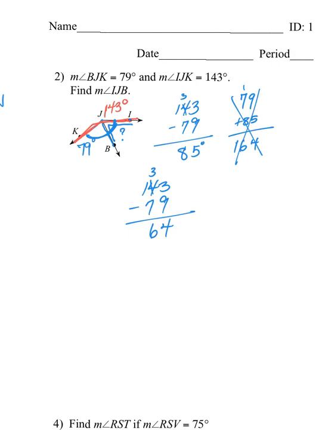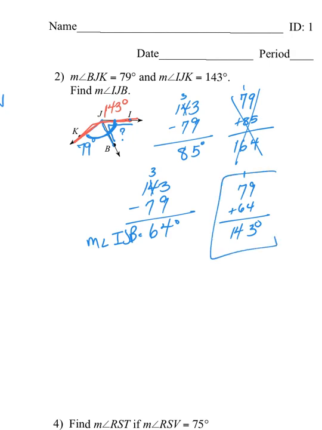So that is 64. So the measure of angle IJB equals 64 degrees. And now if I do 79 plus 64, 9 plus 4 is 13, carry the 1, and 7 plus 6 is 13 plus 1 is 14. So yeah, that is correct.